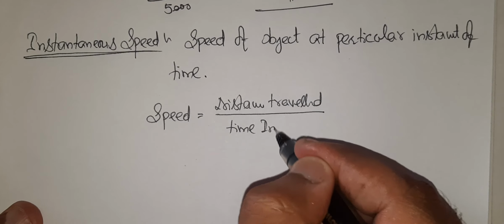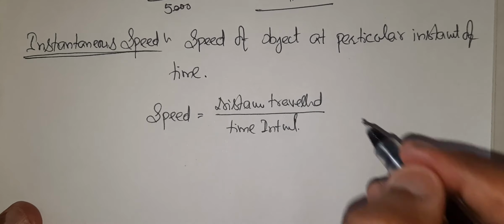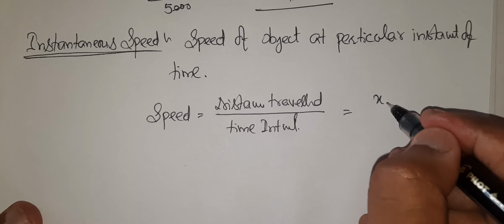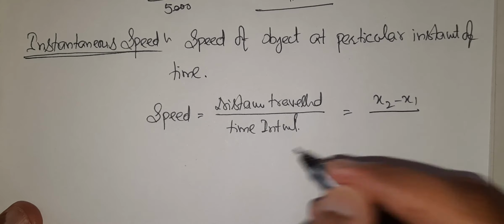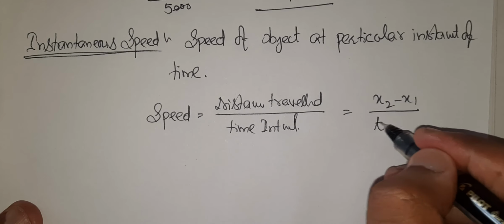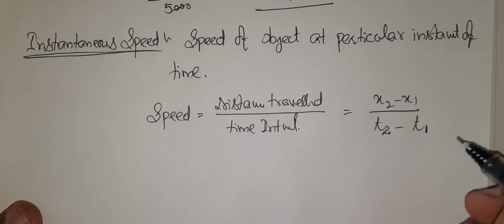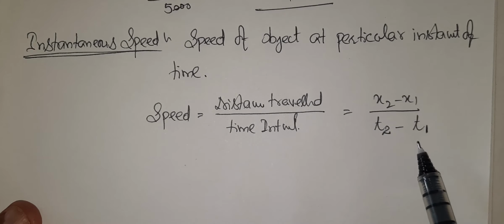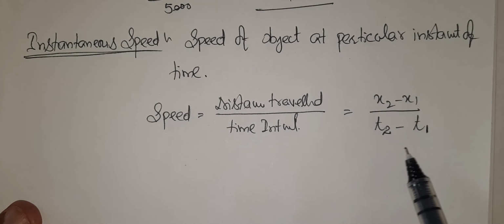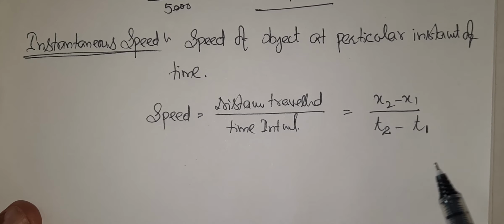How do we get the time interval? Distance traveled we get by the difference of coordinates, and time interval is the final instant of time minus the initial instant of time. Instant minus instant is giving me the time interval.